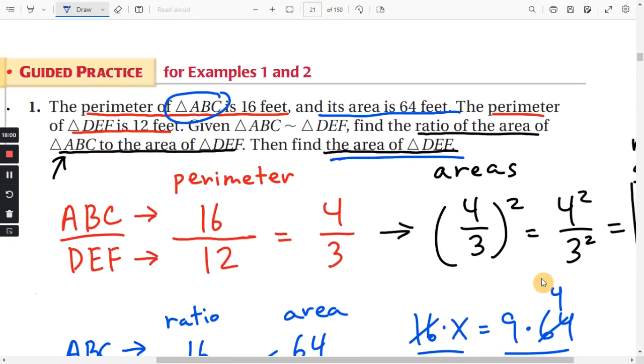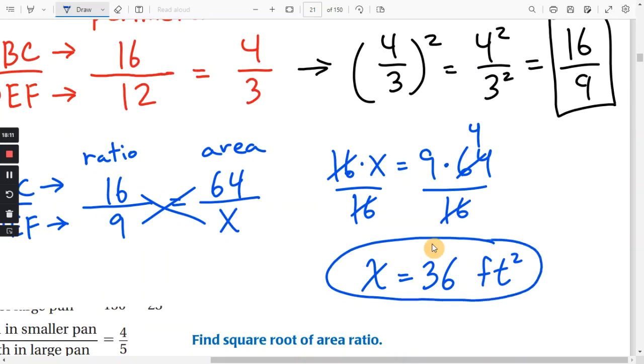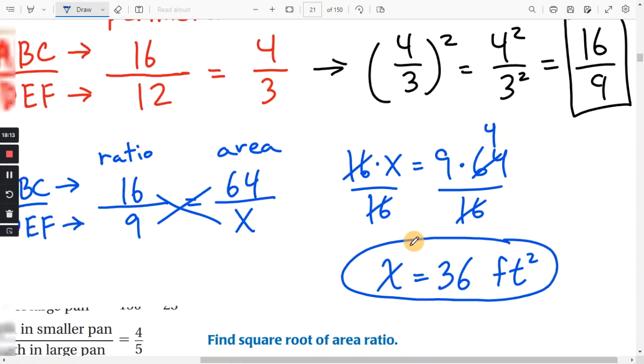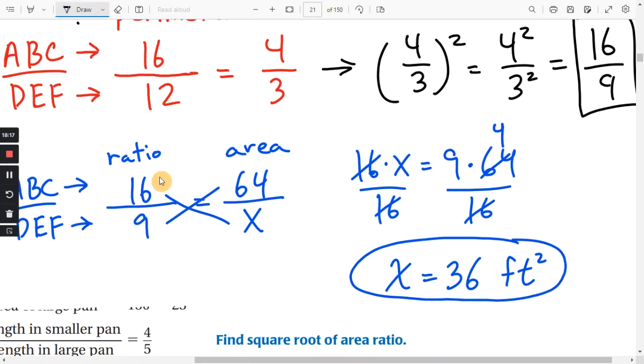The units were in feet, so for the area, it's going to be feet squared. Now, if you wanted a little shortcut here, to go from 16 to 64, you have to multiply by 4. So to go from 9 to X, you also would multiply by 4. 9 times 4 is 36. So that would have been a little shortcut.